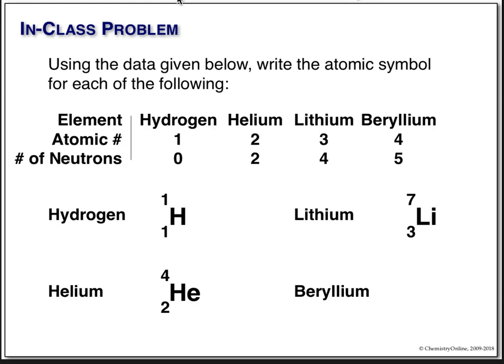Atomic number is 4, so that's our subscript. Typically, it will have 5 neutrons, so that's a 9 for our superscript. Very simple process. Any questions? The top number is the sum of protons and neutrons. The bottom number is the atomic number, which is protons.